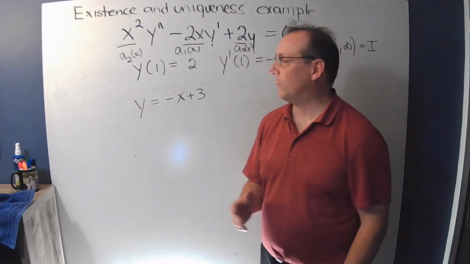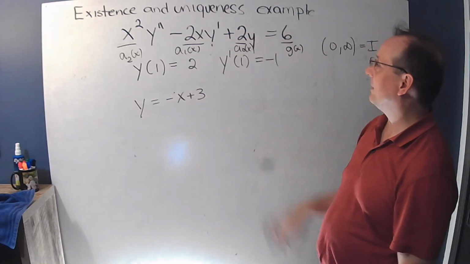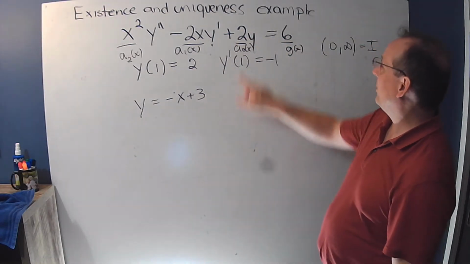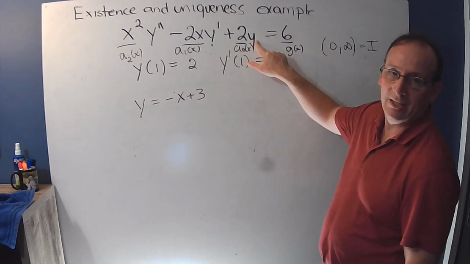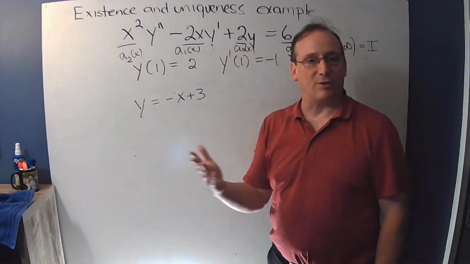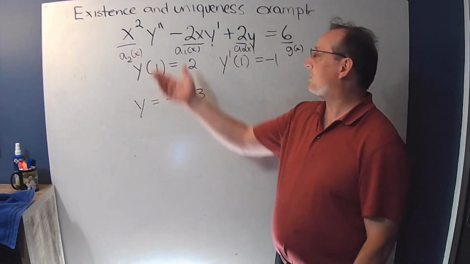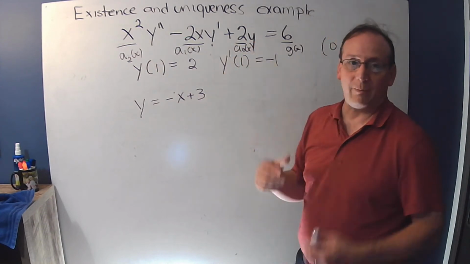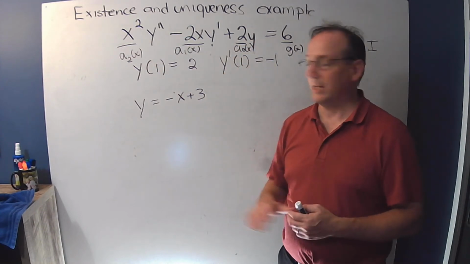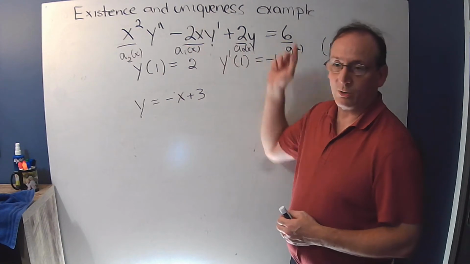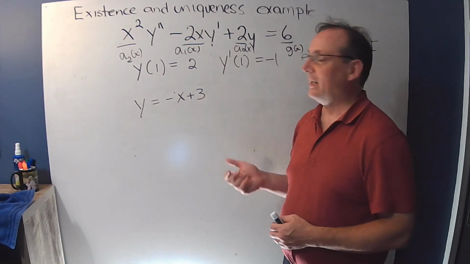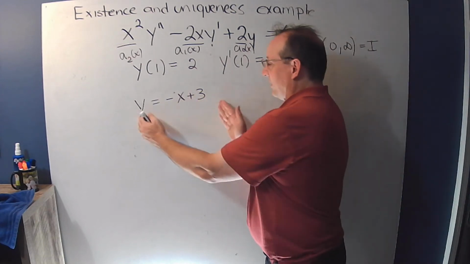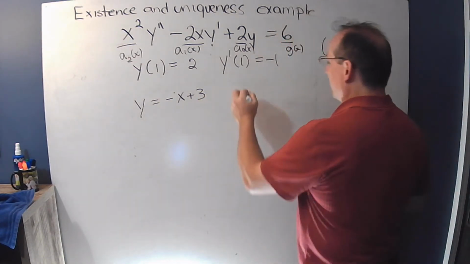For example, when I look at this equation, I know that 2 times 3 is 6, and the derivatives of 3 are all 0. So just the number 3 by itself, y equals 3, is a solution to this equation. The 3 is part of this solution.